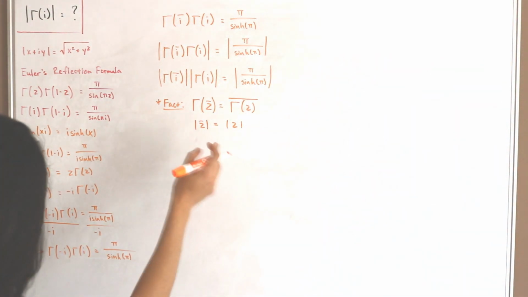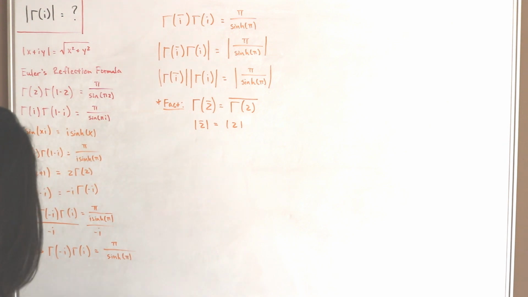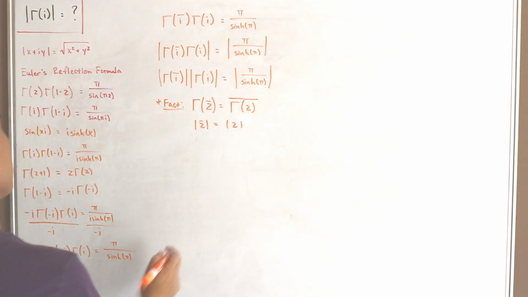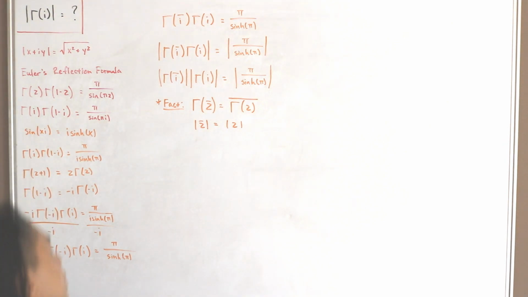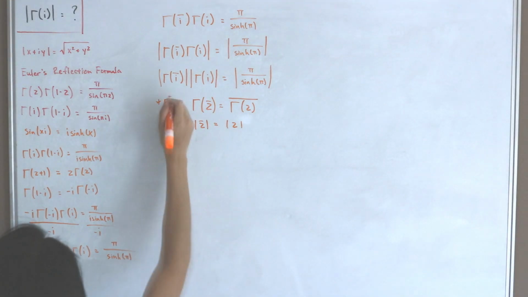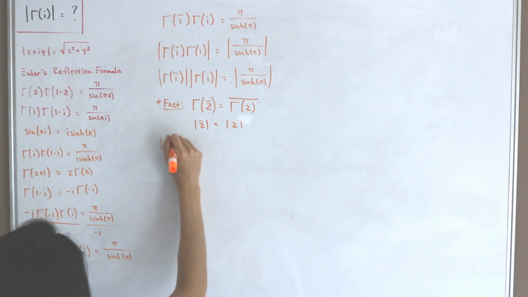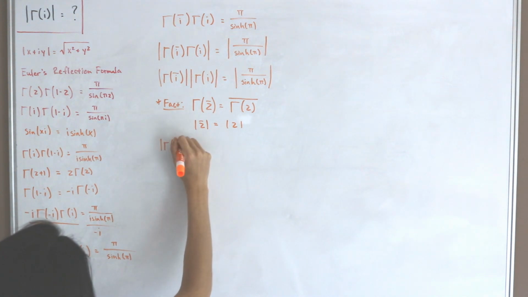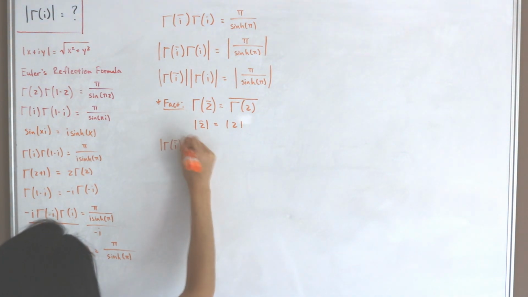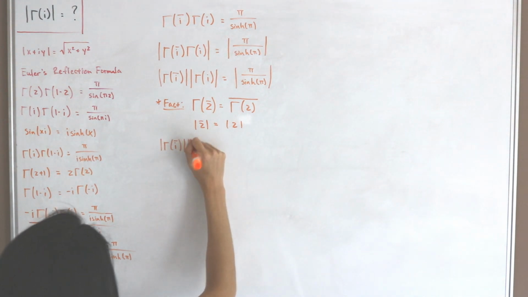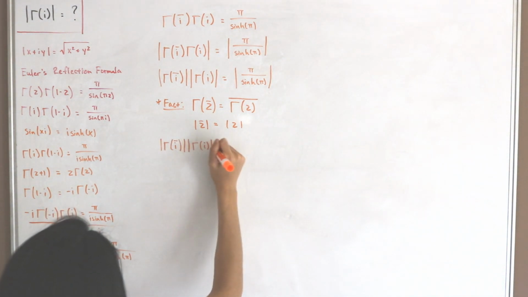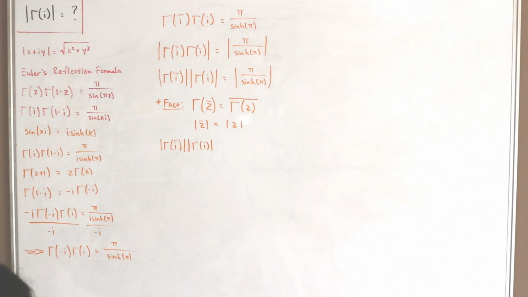So with these two properties established, we're almost done with the proof, or rather the calculation. Let's rewrite this line over here. So we have the modulus of gamma of the conjugate of i, multiplied with the modulus of gamma of i.